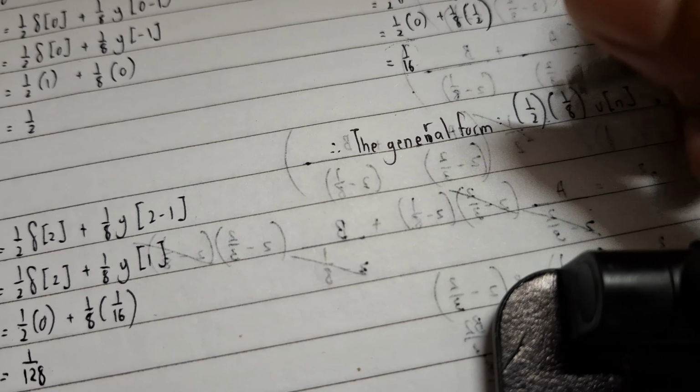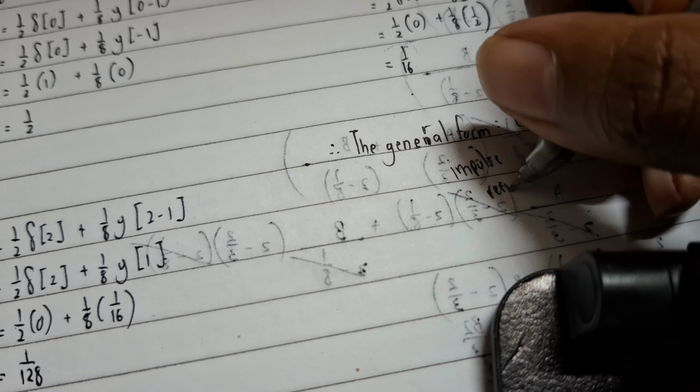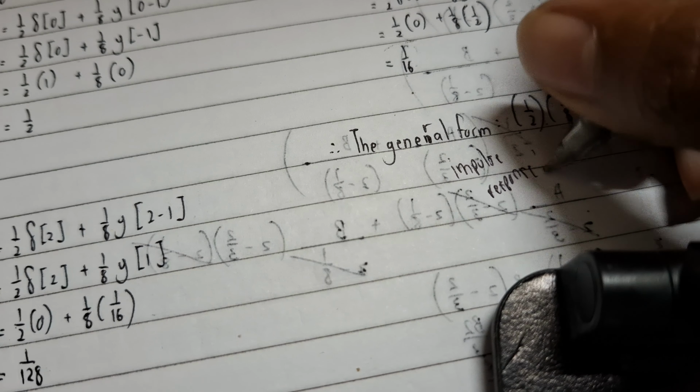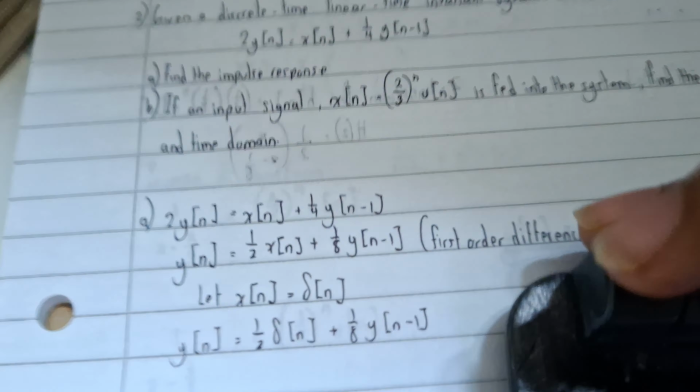This is also known as the impulse response h[n]. So this is the impulse response that we have gotten from this equation.